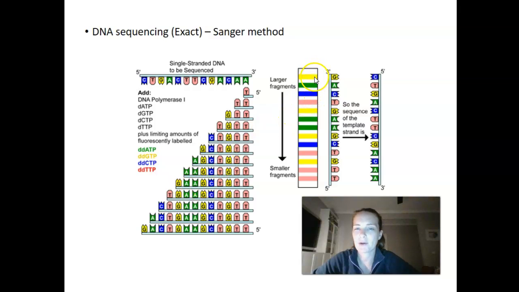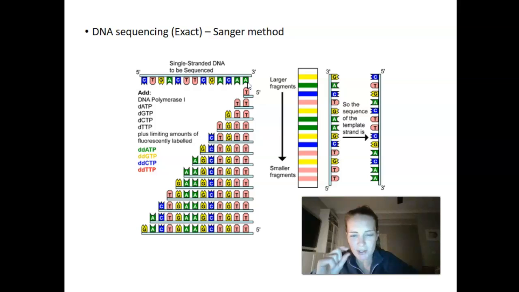If we then run that using a DNA technique that allows us to separate DNA based on its size, we can get an order or a pattern of those DNA sequences, and it can be read off in that manner.